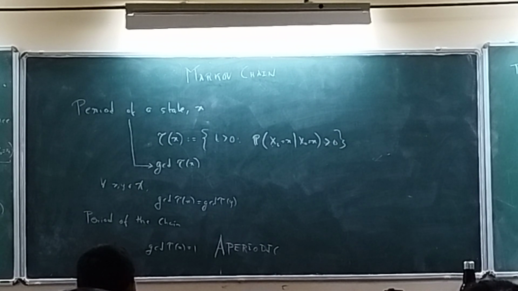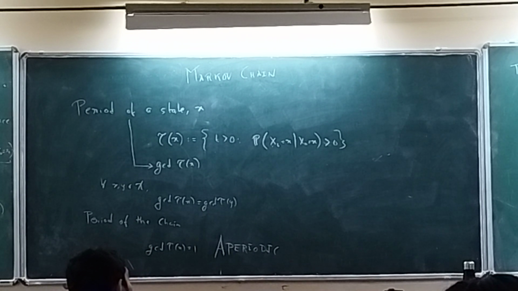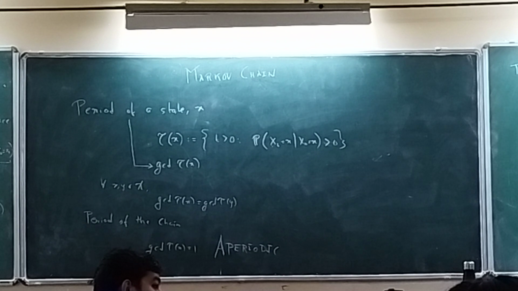Okay, any doubts? The periodicity of a chain is not defined if the chain isn't irreducible to start with, right? You can define the period of the state, but... Okay, so the period of the chain can be defined even if it's not irreducible.